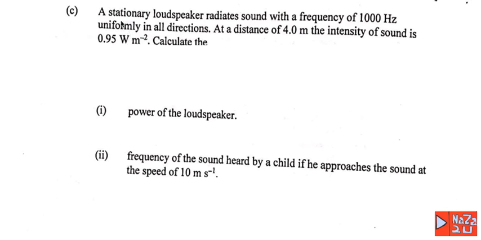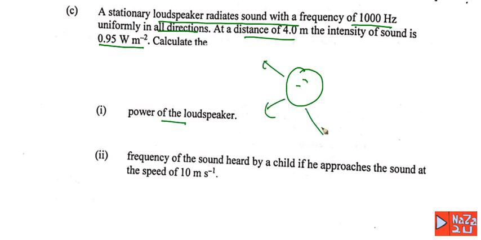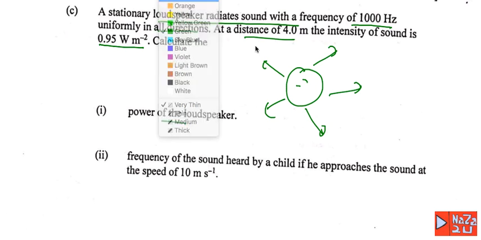Okay, continue to number C. A stationary loudspeaker radiates sound with a frequency of 1000 Hz, uniform in all directions. At a distance of 4 meter, the intensity of sound is 0.95 watt per meter square. Calculate the power of the loudspeaker. This is a speaker, and the speaker produces sound waves around the speaker.